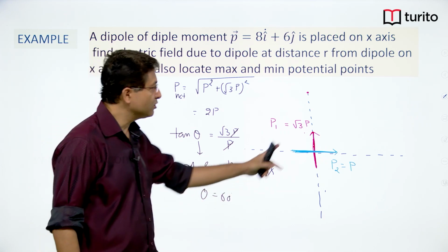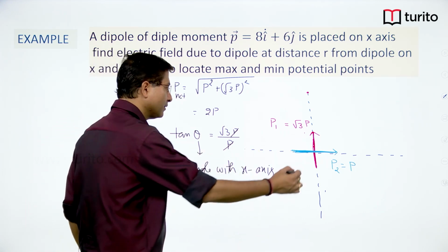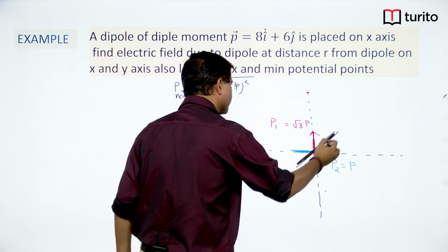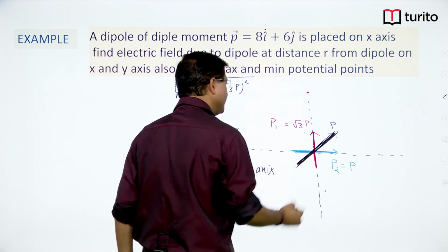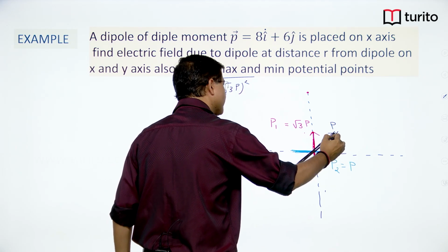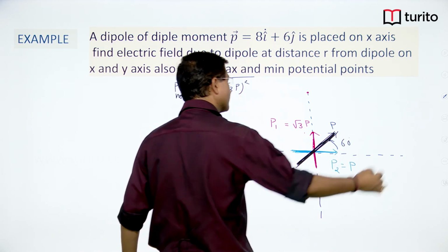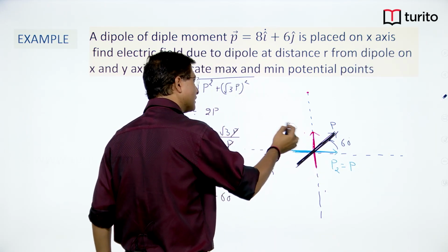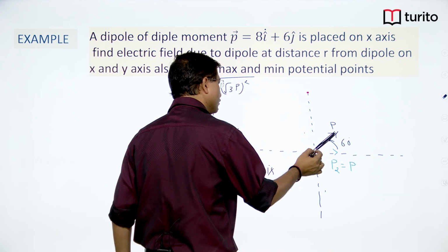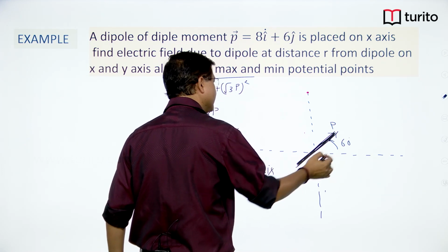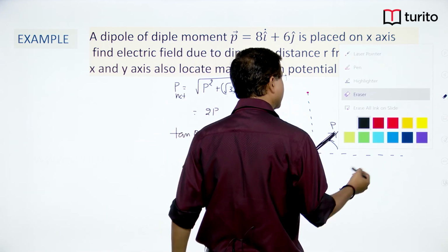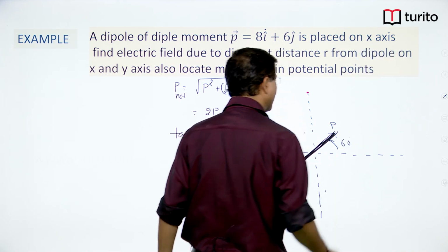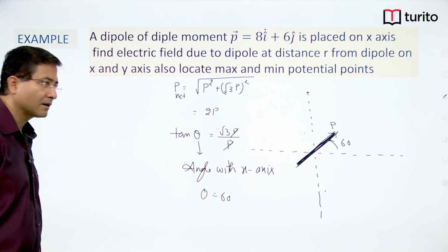That means these two can be replaced by a single dipole having magnitude 2p and making angle 60. Now these two are not needed, this red one and this blue one. I have converted these two dipole system into one dipole, right.